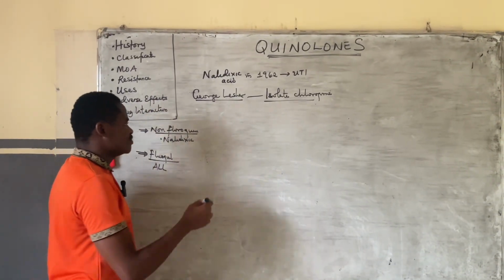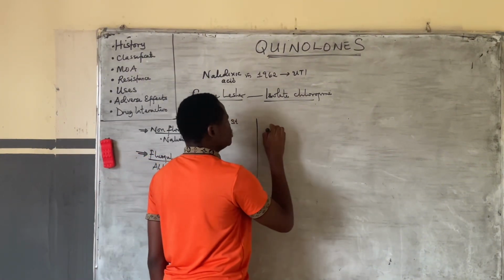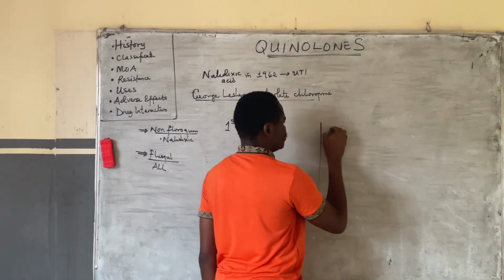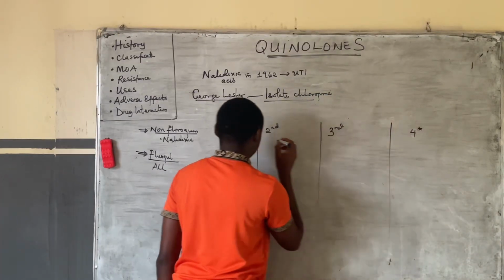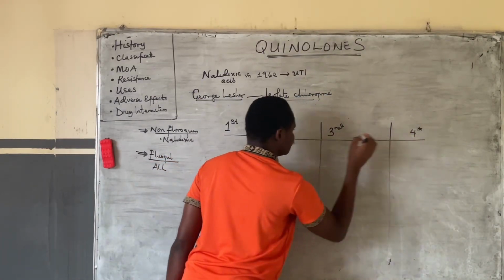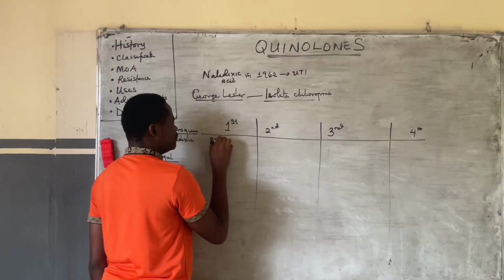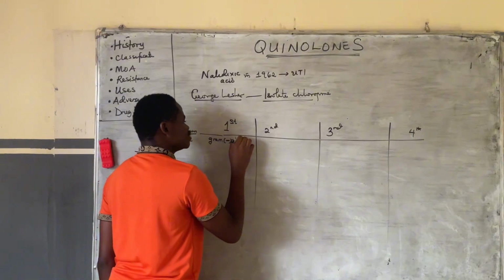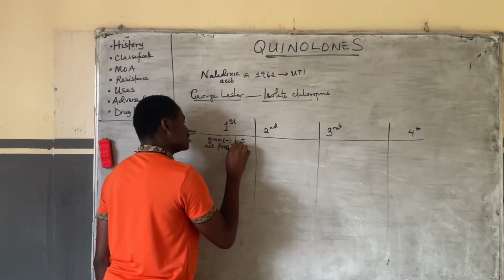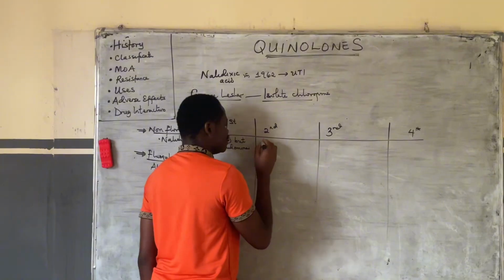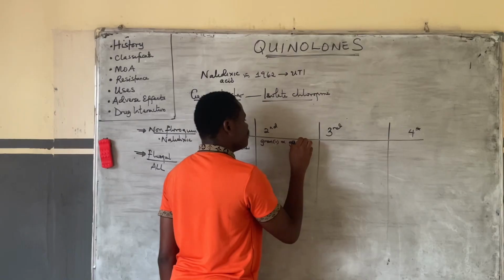Another way I want you to note is the one where we classify based on first generation, second generation, third generation, and then fourth generation. How do we come about with this? First generation have action against gram negative, but not Pseudomonas. Second generation has action against gram negative including Pseudomonas, and some gram positive.